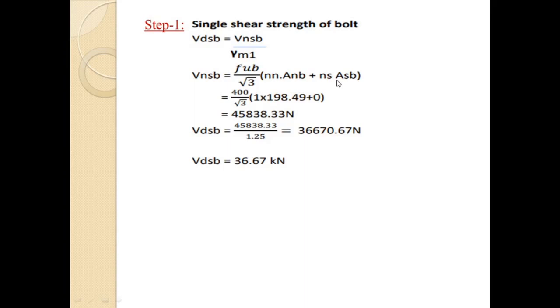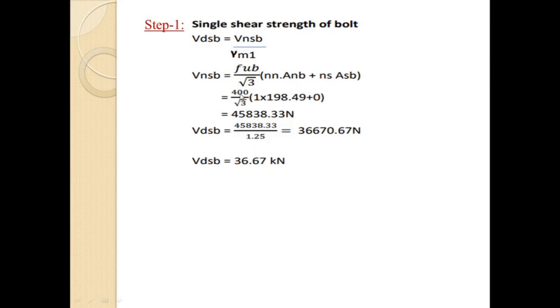Because no shear plane without threads is expected to intercept in this type of failure. Therefore generally this NS value is equal to 0. As this value is 0, this ASB is automatically 0. So we concentrate only on the remaining formula, that is FUB upon root 3 in bracket NN into ANB.